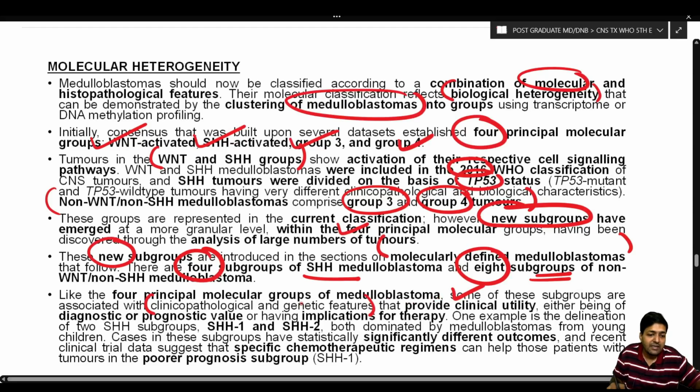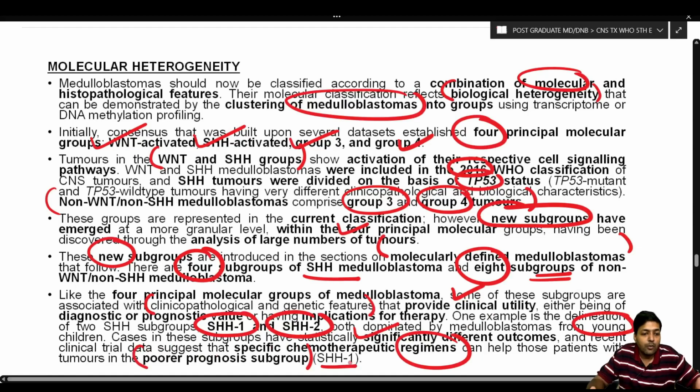One example is the delineation of the 2 SHH subgroups, that is SHH1 and 2. This delineation was important. Both are dominated by medulloblastomas from the younger age group, or young children. Cases in these subgroups have statistically significant different outcomes, and recent clinical trials suggest that specific chemotherapeutic regimens can help those patients with tumors in the poorer prognostic group, that is SHH1.